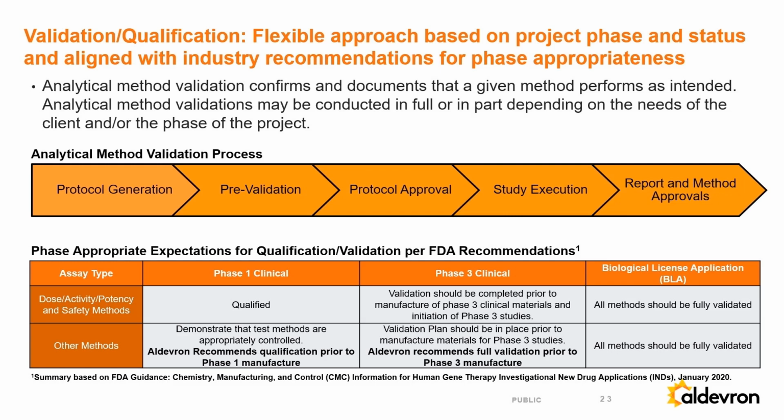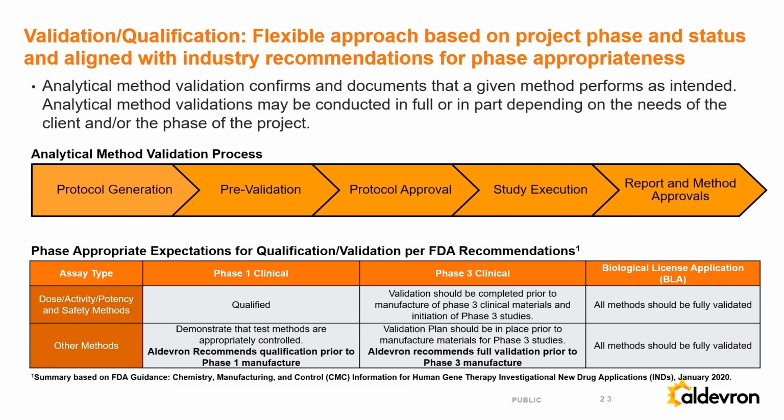If we take a general overview of the analytical method validation process and what Aldevron does, this is very much in line with industry. These steps are very consistent from project to project. We're executing under protocol, we're in quality, we have a protocol approval. We execute a study and confirm that the method is suitable. As part of that study, we write the necessary reports, get the method approvals under the quality umbrella, and then implement that method into QC.